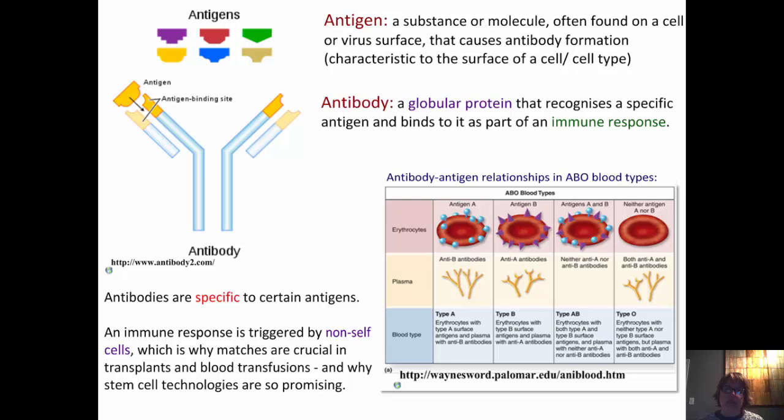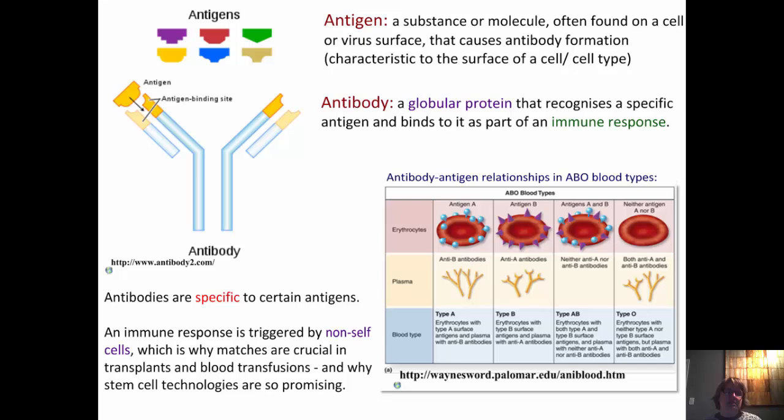This is why it's really important that when you're getting blood, you get either O blood type, because it has no antigens, so it's not going to react to any of the antibodies that might be present, or you get a specific type that matches your blood type. So antibodies are specific to certain antigens. We talked about the similarity between the lock and key of enzymes and substrates before.